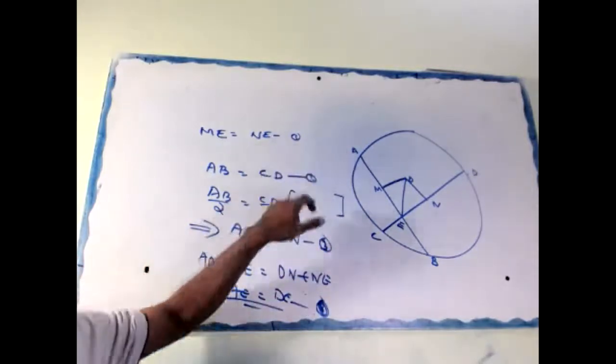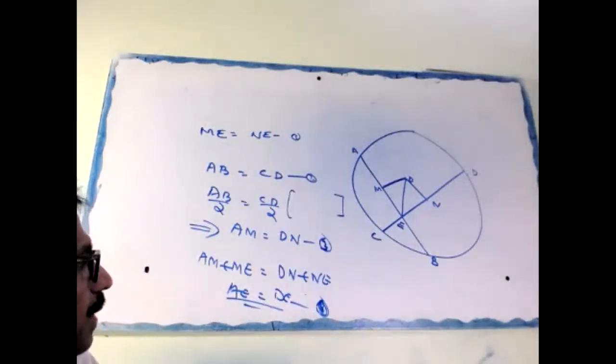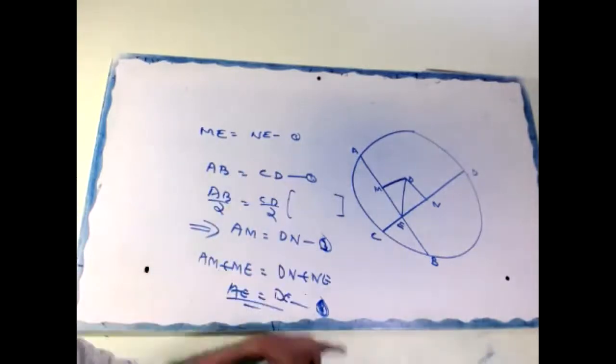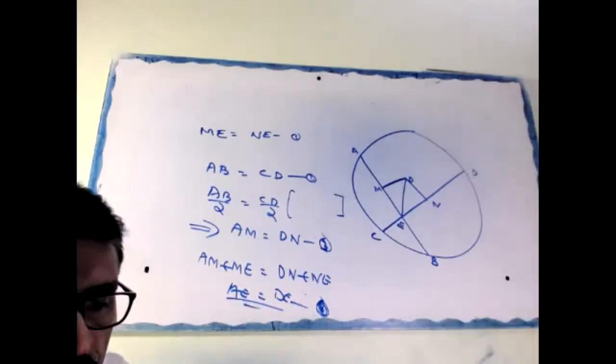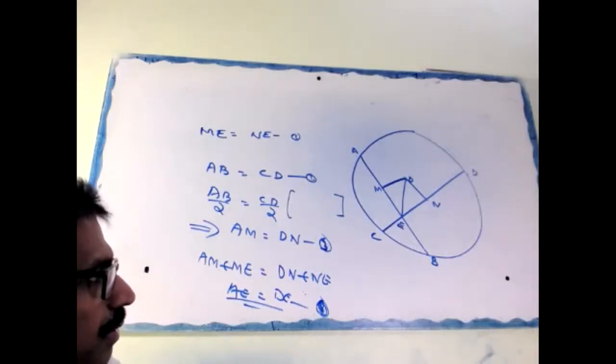Adding 1 and 3, we get AM plus ME equal to DN plus NE. That is AE equal to DE, number 4.